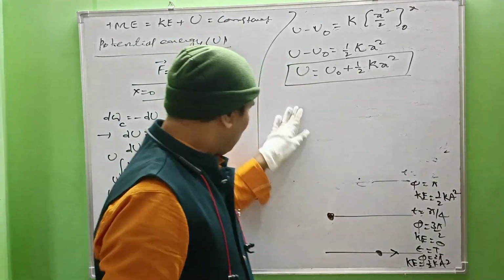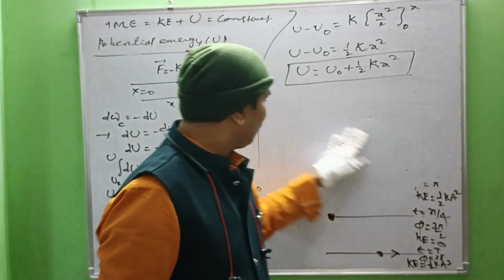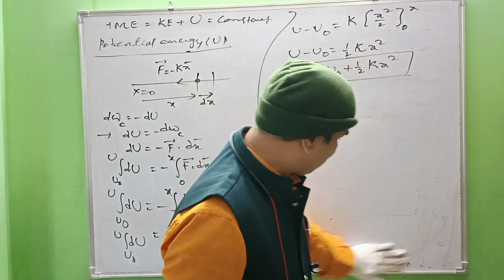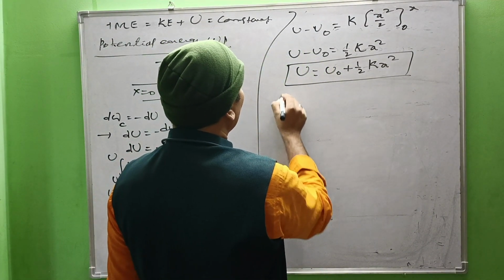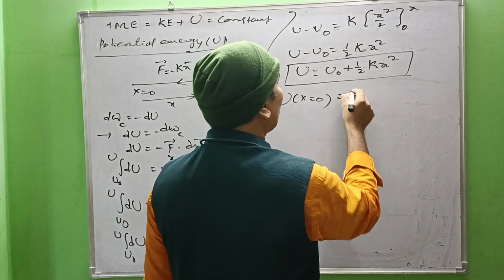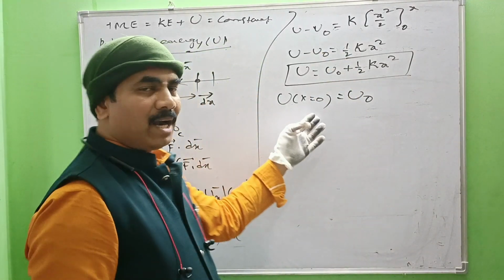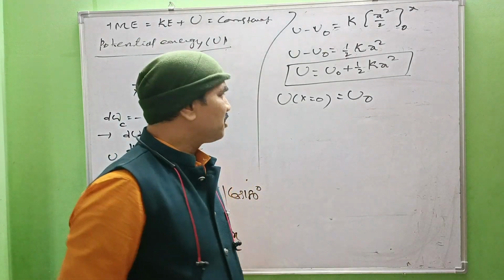Now, when is the potential energy minimum and when is it maximum? Let us examine. At x equal to 0, what is the least value of potential energy? U at x equal to 0, that is U at the mean position, equals U naught. X equal to 0 means we are left with U naught. So at the mean position it possesses some minimum potential energy.